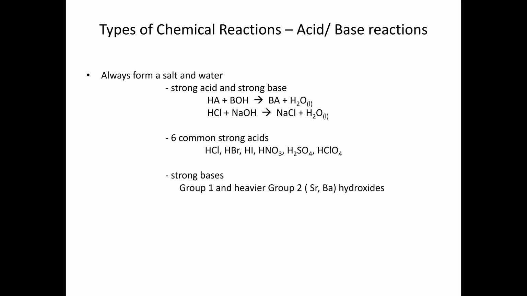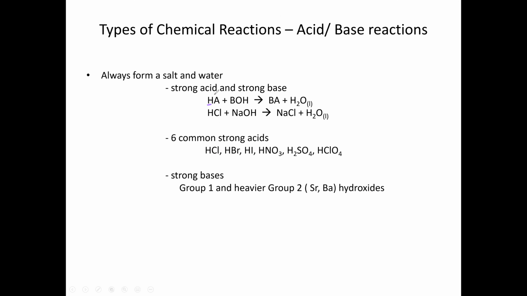And the last type of double displacement reaction is an acid-base reaction. So in an acid-base reaction, you always form a salt and water. And most of the time, not always, by no means, but most of the time, a good way to know if you have an acid is that hydrogen is listed first in the formula of the compound.